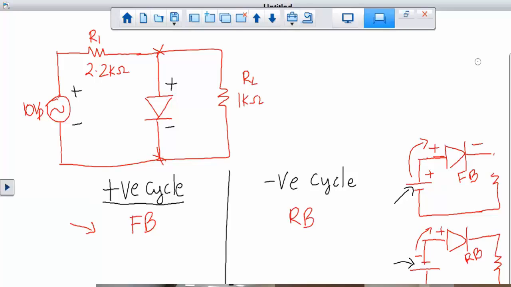So if I redraw the circuit, again, this is not necessary, but it may help you visualize. In the place of the diode, I can visualize a 0.7 volt source, where positive is at the top because of the given orientation.